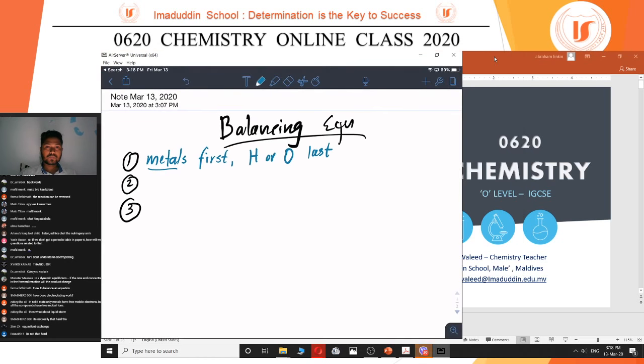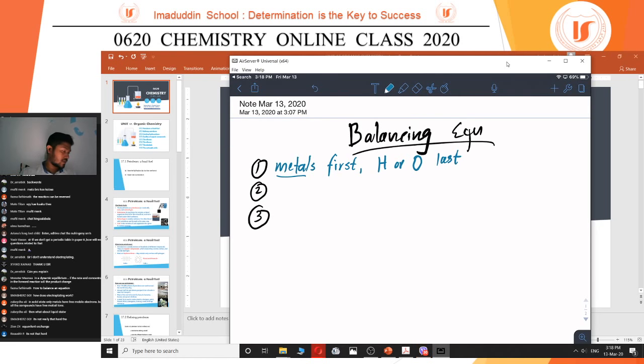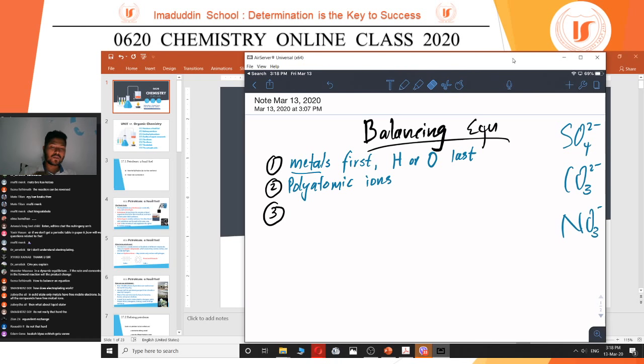Then the second thing is, if you have a polyatomic ion, polyatomic ions means such as sulfate, carbonate, nitrate. These are called polyatomic ions.